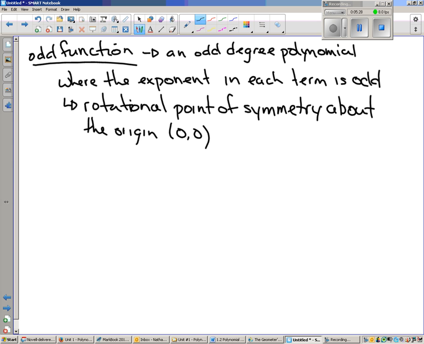We started talking about these briefly the other day. If we have our cubic function, just x cubed, then we're going to have a rotational point of symmetry at the origin, where if we took this half of the graph and spun it up here, it would lie on top of the other.